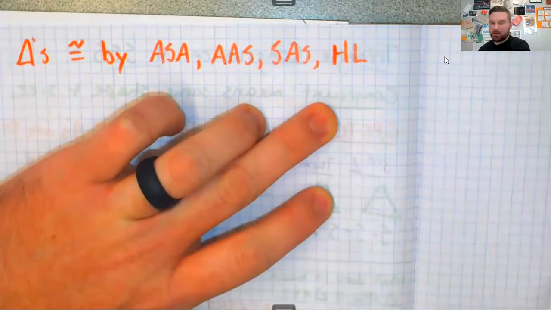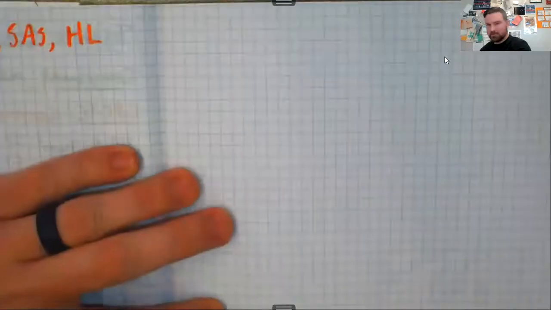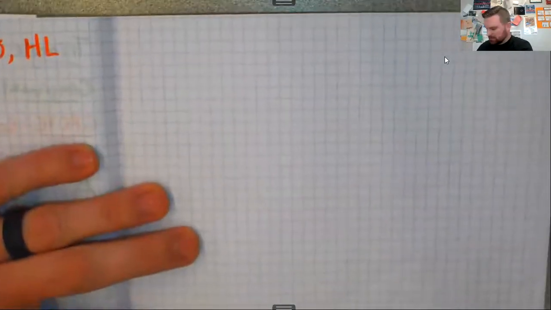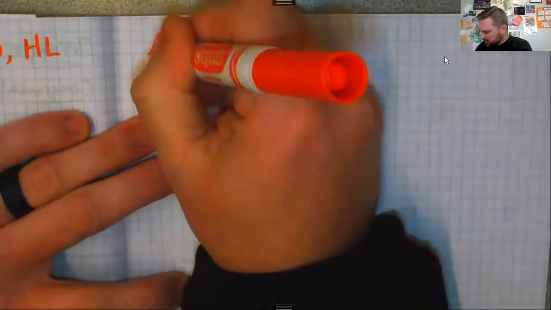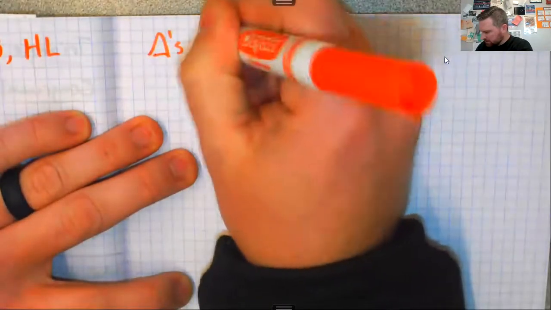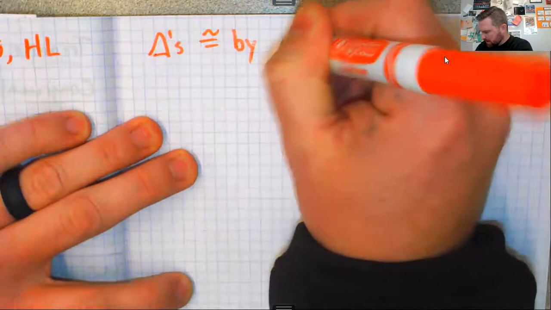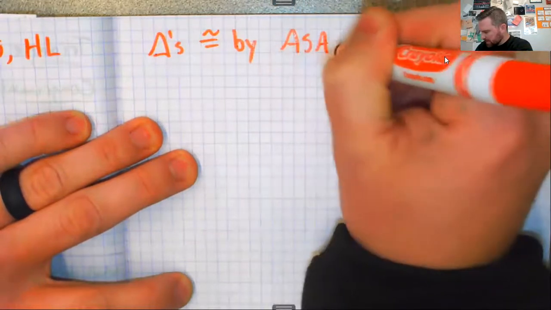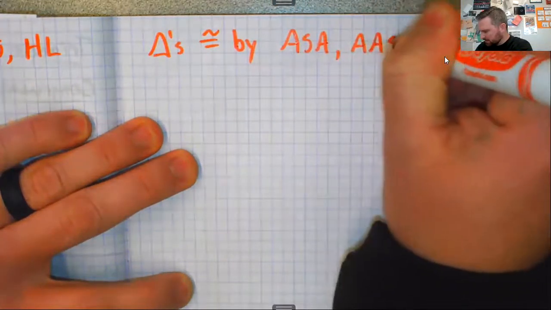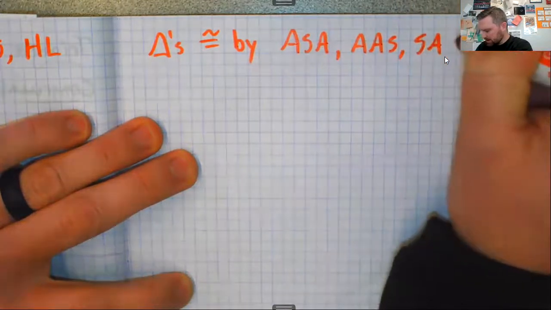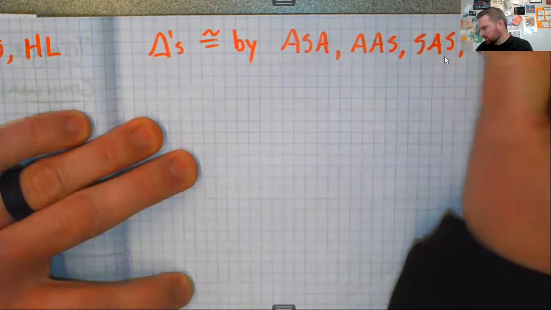Okay, so we've got four new ones. And on 57, I'll go ahead and write that same title: triangles congruent by ASA, AAS, SAS, and HL.